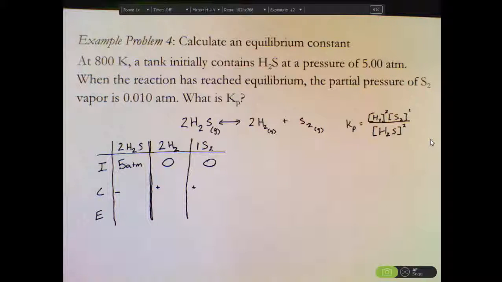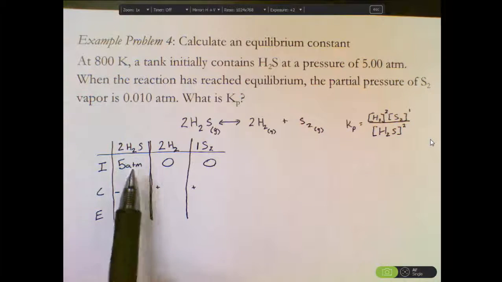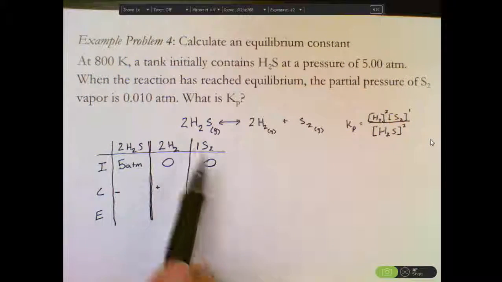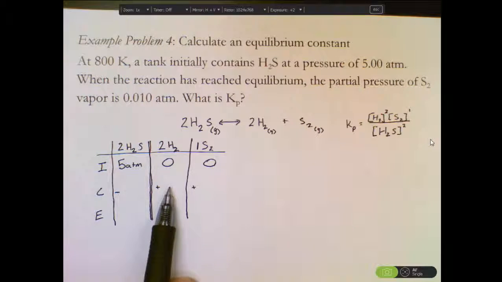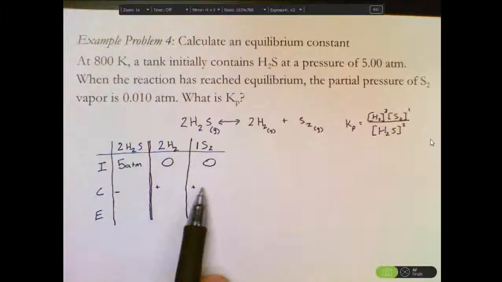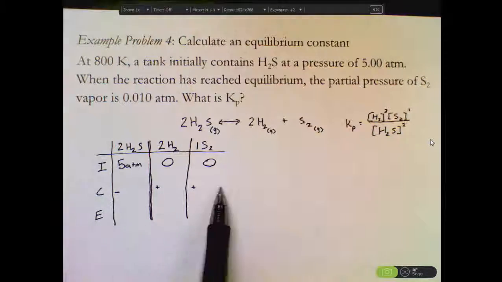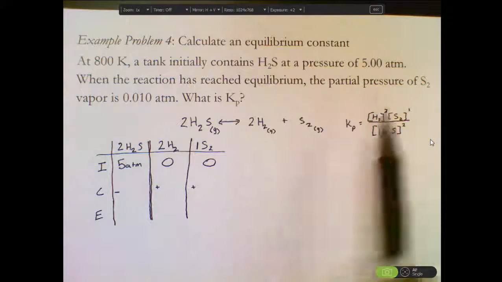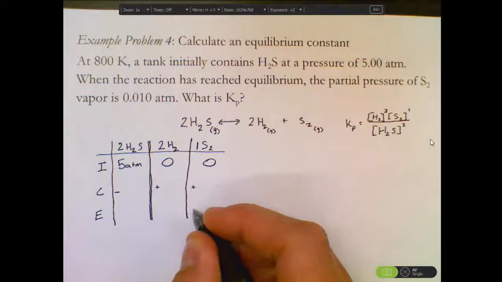Now we know that the change in concentration is going to be stoichiometric to these coefficients. So we know that we're going to decrease by some amount times 2, some amount increase times 2, some amount increase times 1. We can start to infer what that increase is because this time we have the partial pressure of S2, 0.010 at equilibrium.